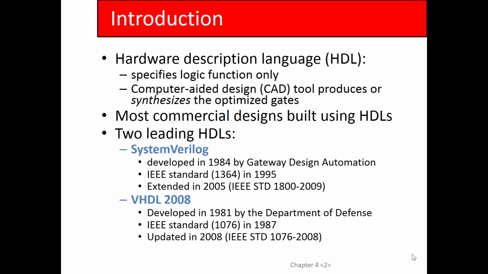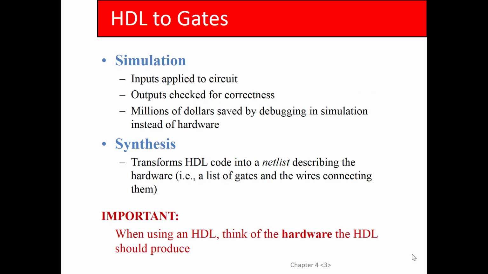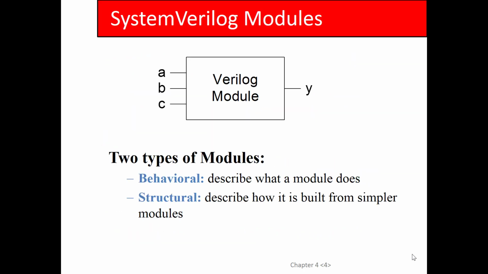Okay, so last time we were going through SystemVerilog. I mentioned that SystemVerilog and VHDL are the two popular HDLs. You can do synthesis and simulation. HDL designs are comprised of modules that can be interconnected and instanced hierarchically.